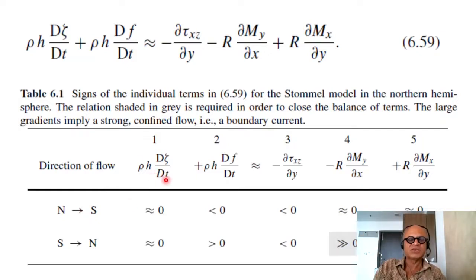So the rho h d zeta dt term is nearly zero, conserved almost, plus rho h df dt is less than 0 because you are going from north to south, and df dy is negative. Should be approximately equal to winds forcing, which is negative because you remember the relation we had written before for Stommel model winds, and the dmy dx term is nearly 0 and dmx dy term is nearly 0.